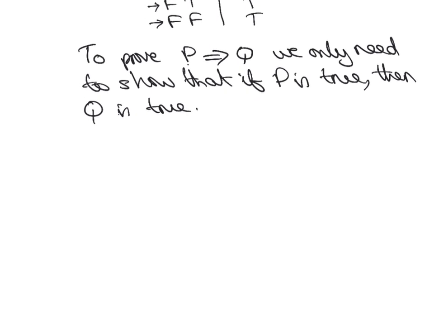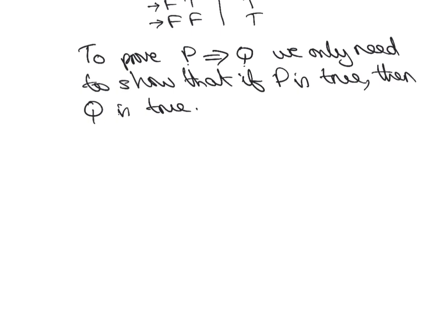So when you're proving a statement P implies Q, your first line will always be, if you're using a direct proof, assume P is true, whatever that statement is. And then use some logical argument to end up with the statement Q is true. And once you've done that, you've shown that P implies Q is a true statement.